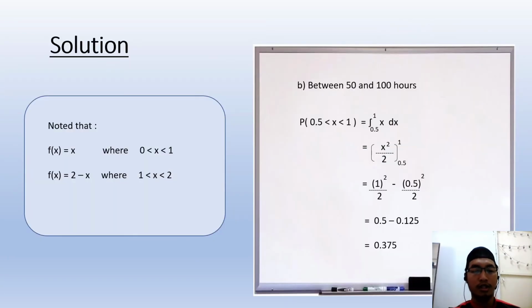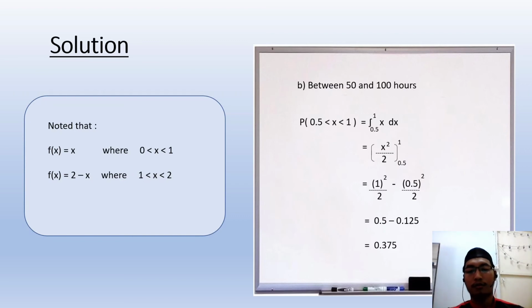So we go to the solution for question B. It is between 50 and 100 hours. We can say that the limits for this question are 0.5 and 1. So note again that the function we use is the first function, f(x) equals x, where x is greater than 0 and less than 1.